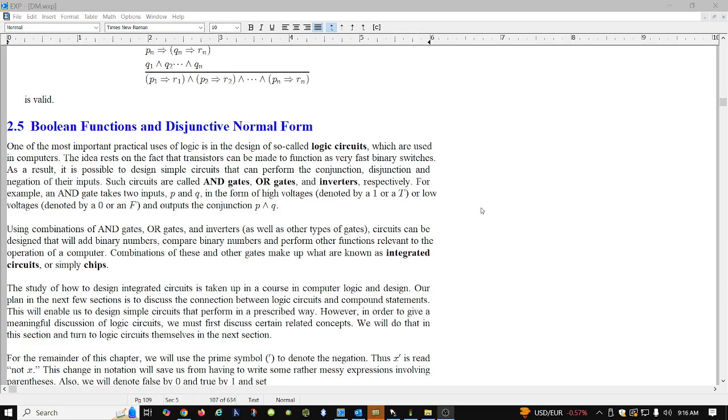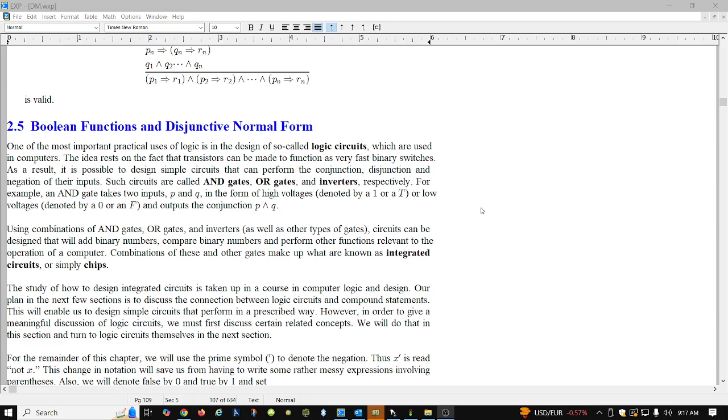Now, the proper study of the design of integrated circuits, of course, belongs to a course in computer logic or computer design. But what we can do here is discuss the connection between logic circuits and compound statements. And that will allow us to construct some simple circuits that perform relatively simple operations.